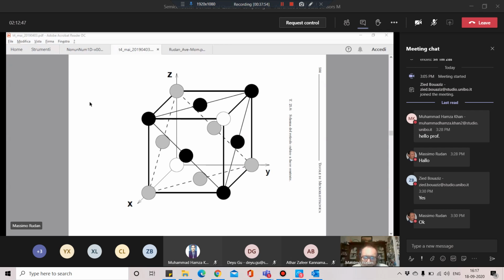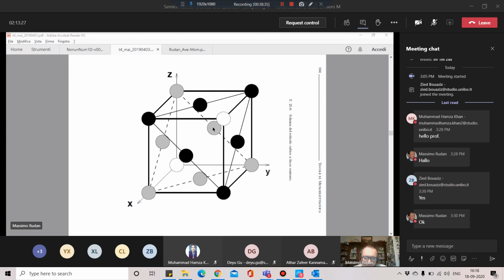The colors are just there to better distinguish the atoms. So the atoms over the vertices, of course, are 8. This one gray, this white, this gray, this black, and the other 4 on top. And then we have 4 more atoms at the center of each face. So this black one is at the center of the right face, this gray is at the center of the left face, center of top face, center of bottom, front, and back.